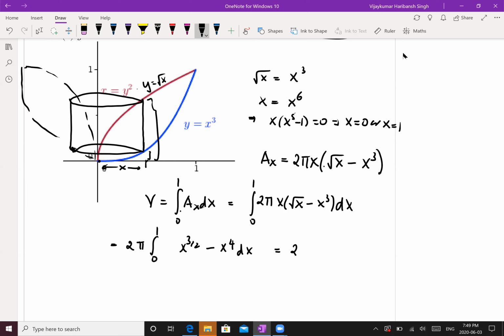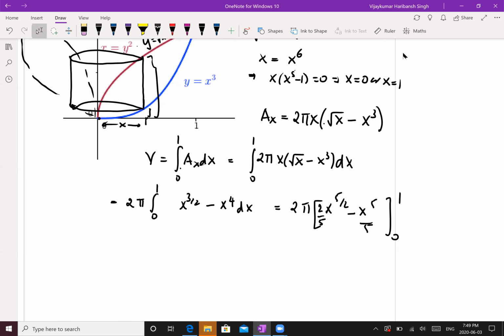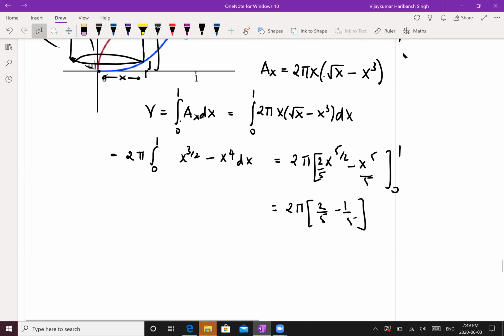And then you get 2 pi times (x to the power 5 by 2 divided by 5 by 2, which is the same as multiplying by 2 by 5, minus x to the power 5 by 5) from 0 to 1. When you put 0, you won't get anything, but when you put 1, you get 2 pi times (2 by 5 minus 1 by 5), which will give us, sorry, my bad, 2 pi by 5. So this is your answer.